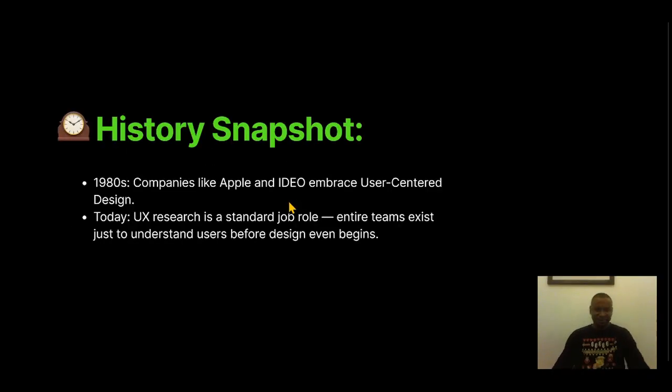Let's proceed. Some history snapshot. In the 1980s, companies like Apple and IDEO embraced user-centered design. If you're an Apple user, an iOS user, you realize that Apple is user-centered design. I'm not trying to throw shade at those who use Android, I don't want to even start that argument right now.